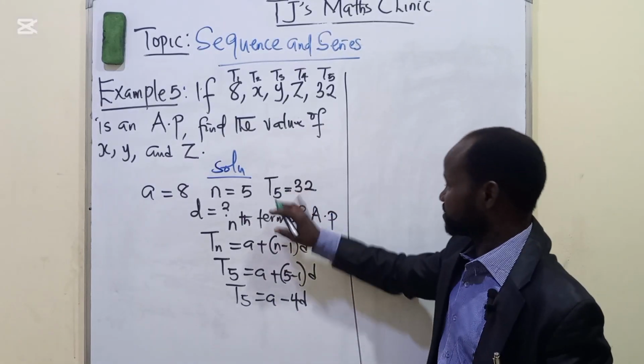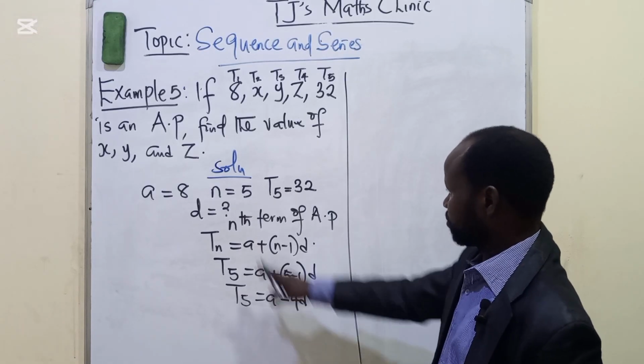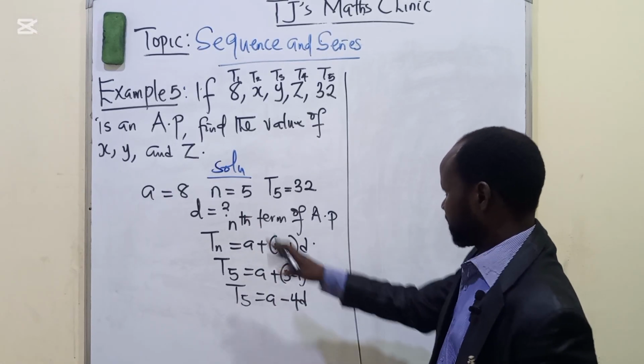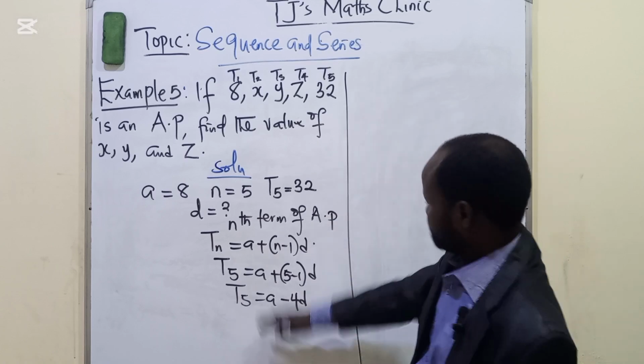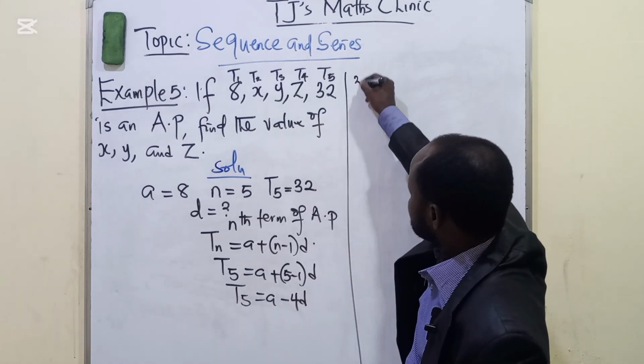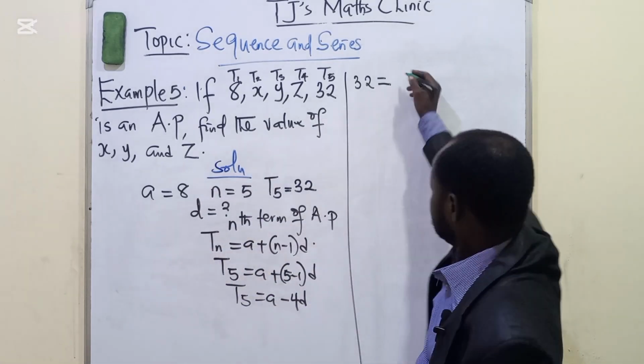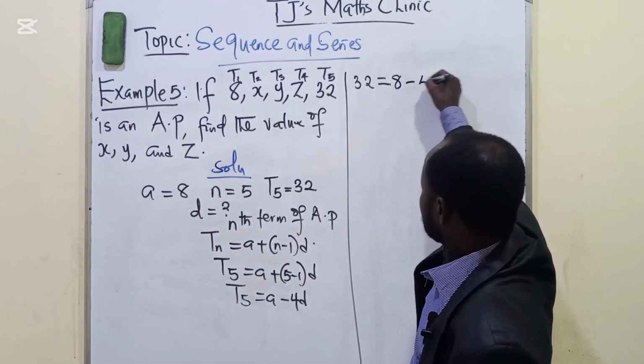Since we know our T5, we substitute, and we know our first term as 8. So to find the common difference, we'll have 32 equals a, which is the first term, 8, minus 4d.